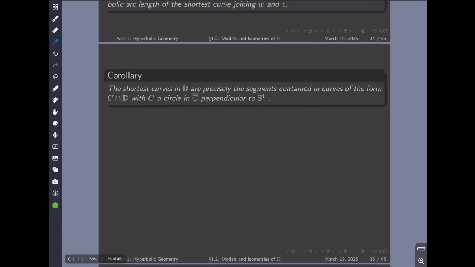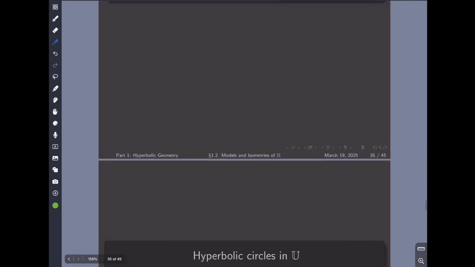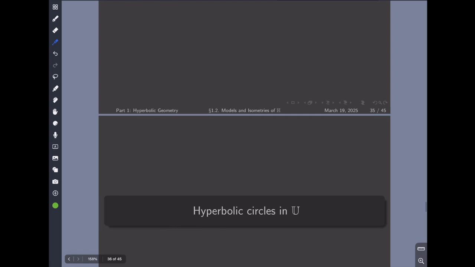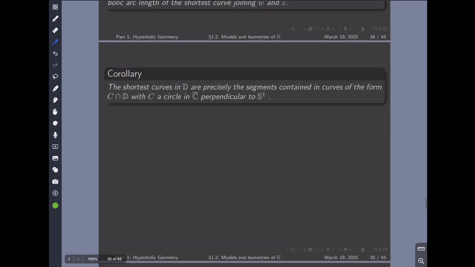So I have 15 minutes. I may want to show you some animations about the shortest curves.